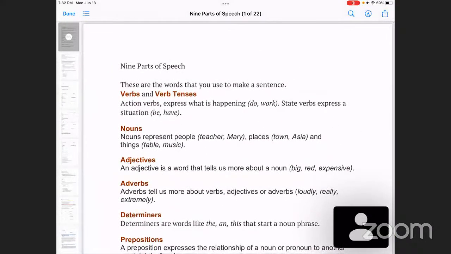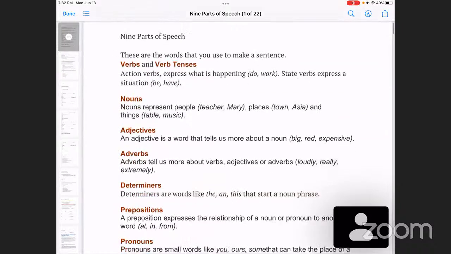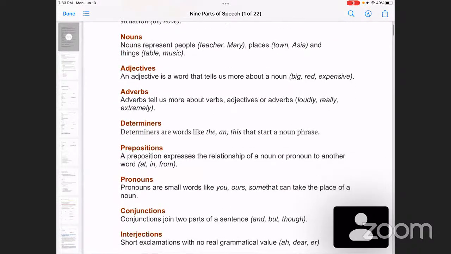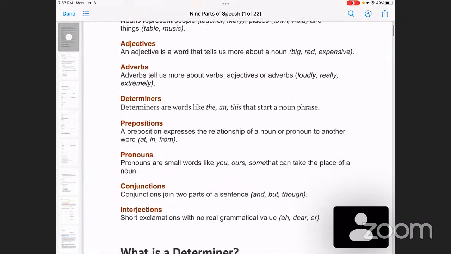So, hi everyone. Today, what we are doing in the class is the 9 parts of speech. And this is basically one of the most interesting and one of the most important lessons of the English language. The 9 parts of speech are nouns, adjectives, adverbs, determiners, prepositions, pronouns, conjunctions, interjections.